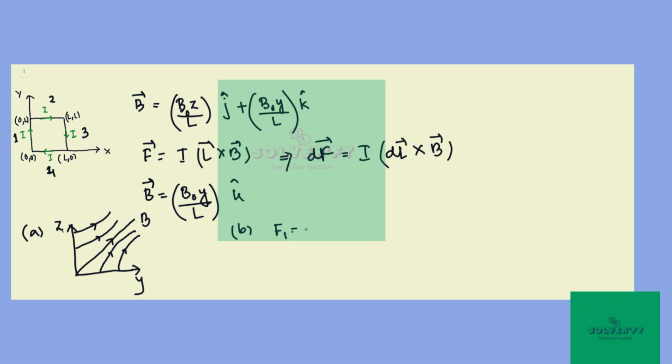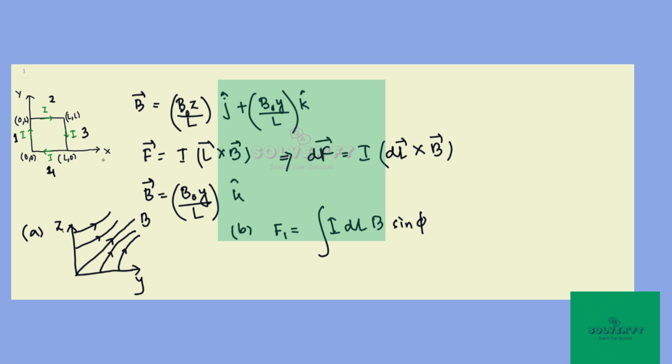So this is given by this equation over here. So basically the integral over this equation. So I times dl times B sine phi, and the integral over that. But sine phi is basically 1 because phi is 90 degrees, as the magnetic field is perpendicular to the segment here.